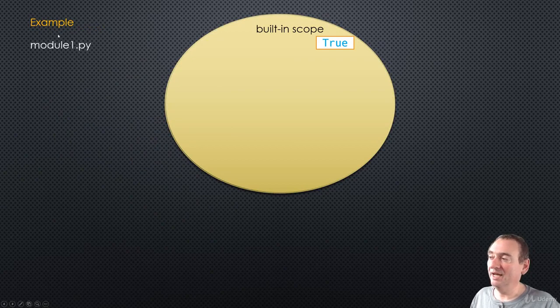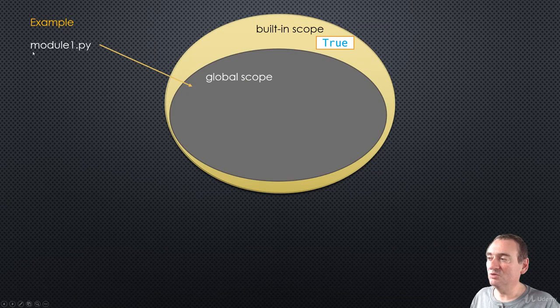So let's say that we have now a module that we've created. Let's say module 1. So as soon as we load module 1, a global scope is created for the module, or a module scope if you want to call it that. Now our first line of code says A equals 10. What happens? Well, Python says, okay, you're making an assignment to a label A. So I need to create this label and bind it to 10.